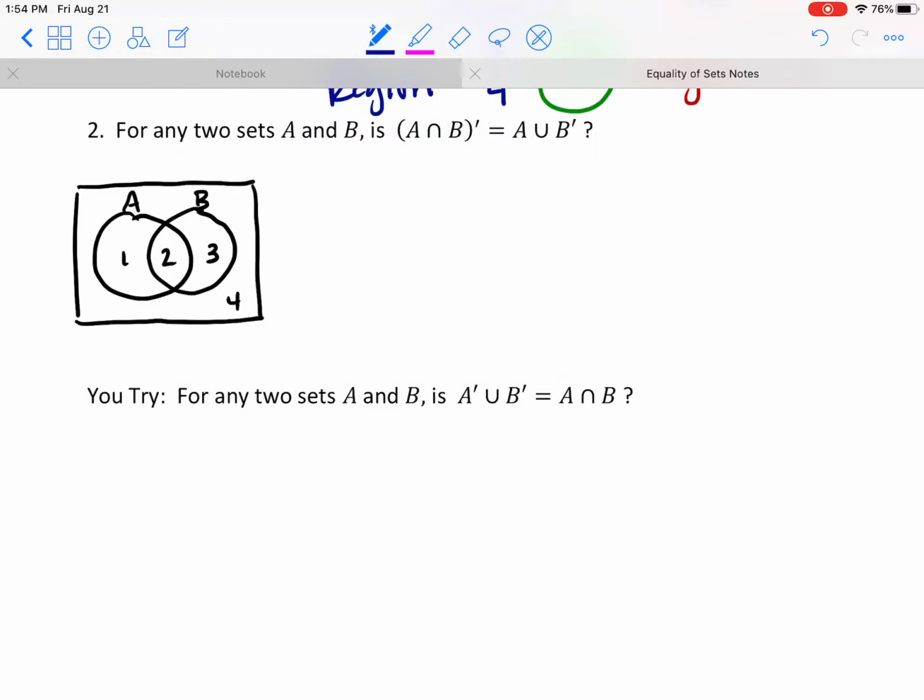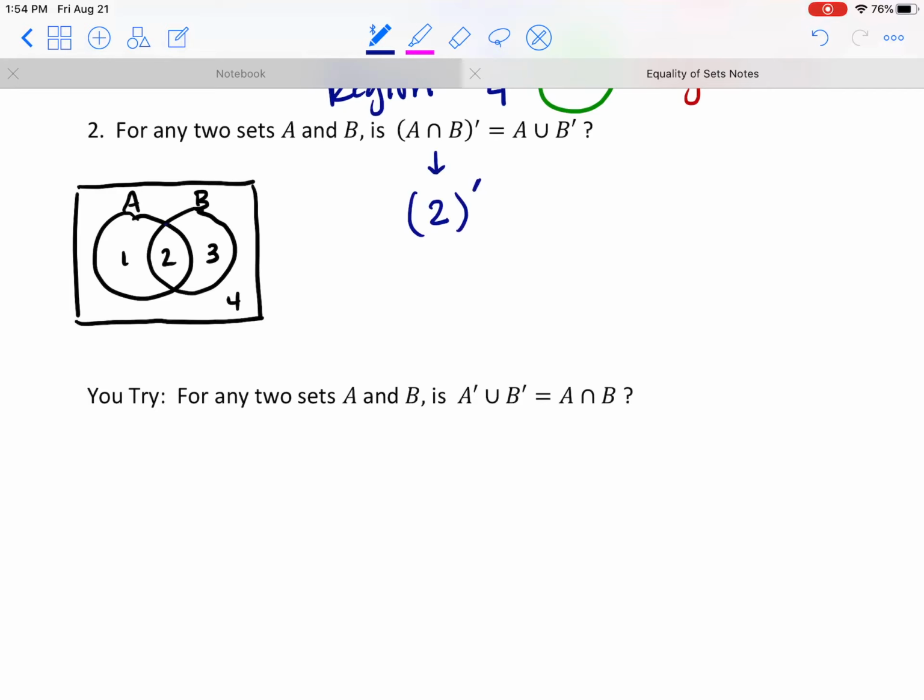So the intersection of A and B is what do A and B have in common? Right there. That's 2. So the intersection of A and B is 2. But now I want the complement of that. So what's not 2?